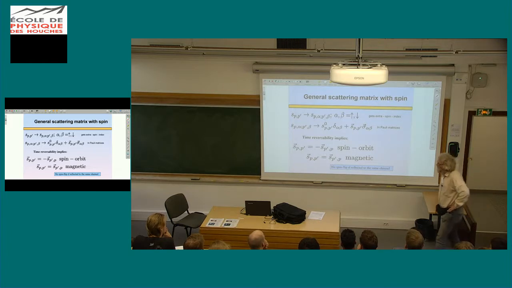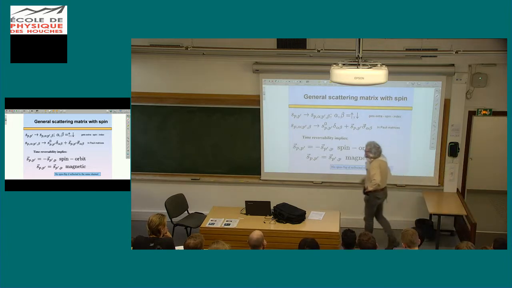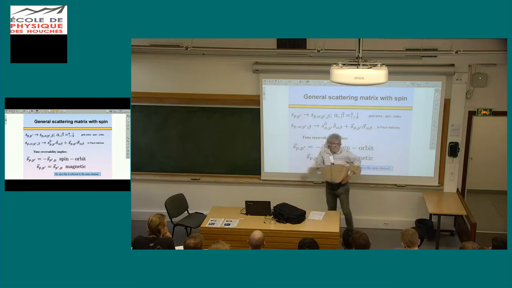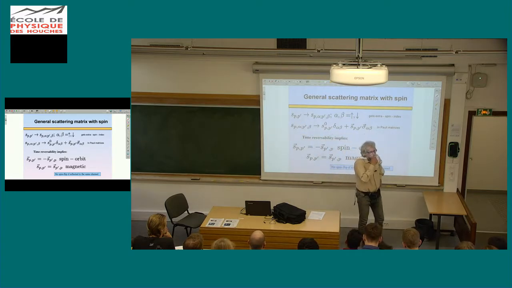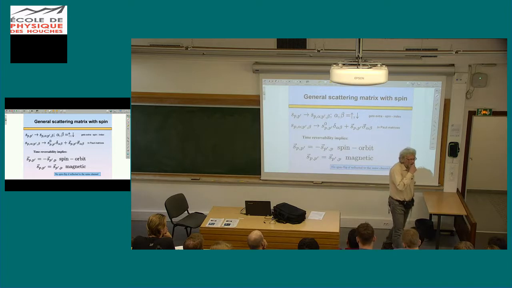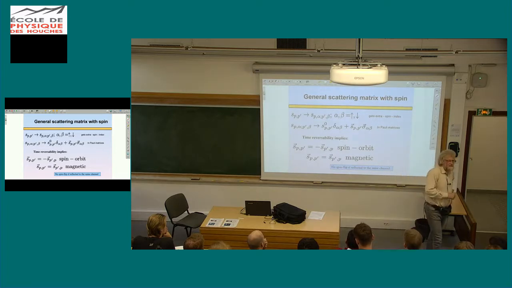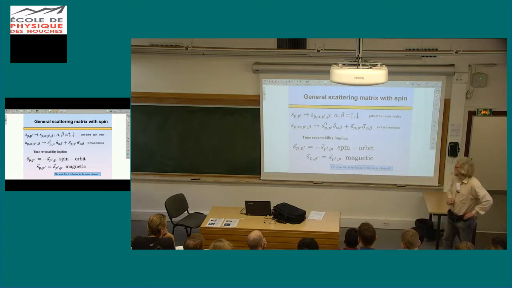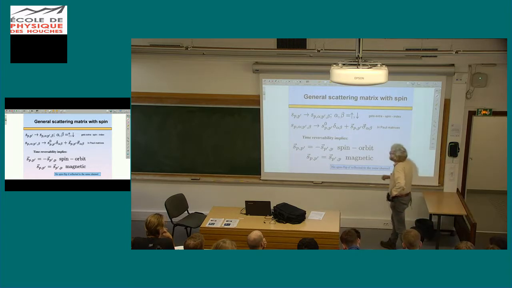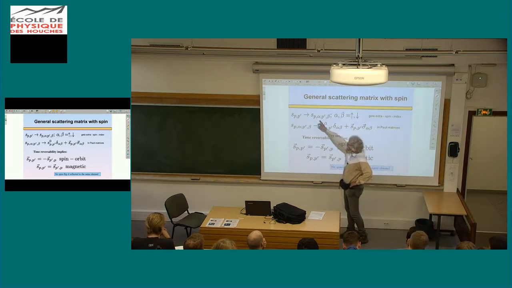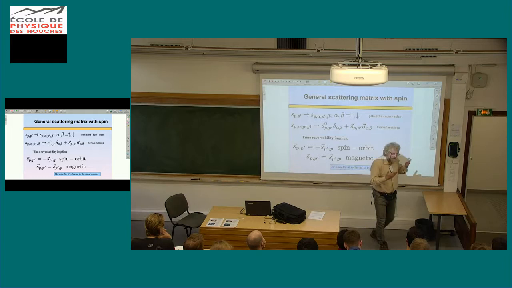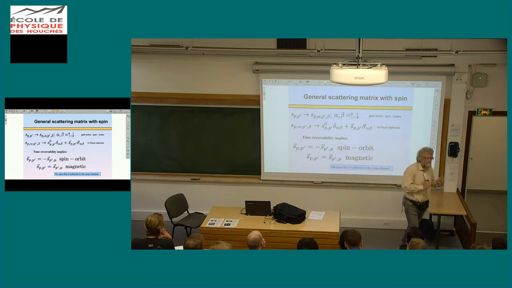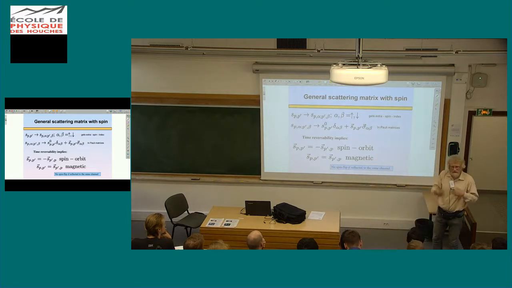Instead of scattering matrix, which depends on two channel indices, we have scattering matrix which also takes into account initial spins. So we ascribe spin index. These spin indices can be the same. In this case, we just have different scattering for two spin spaces. Or it can be different. In this case, we describe the situation of spin flip.